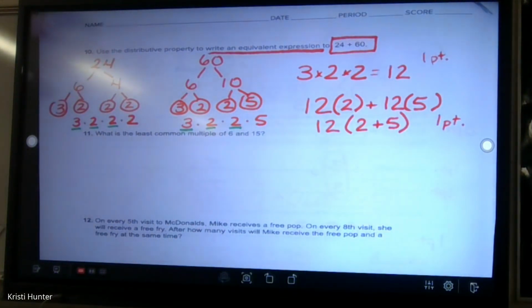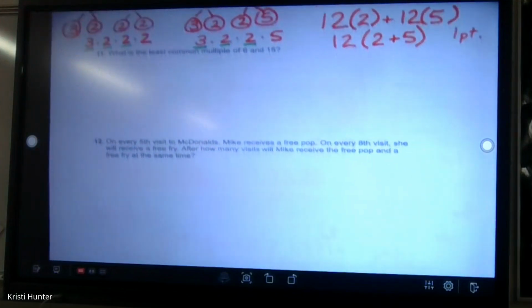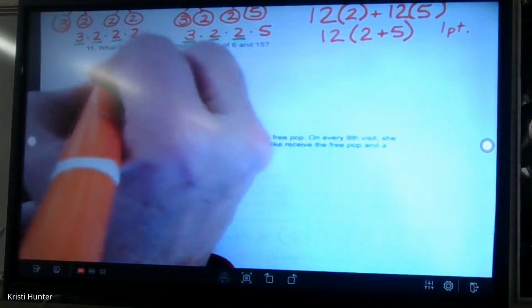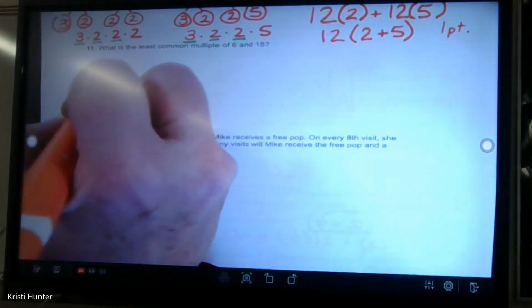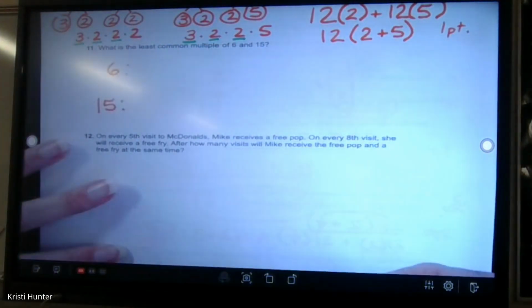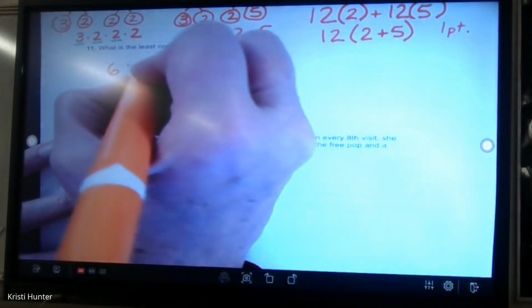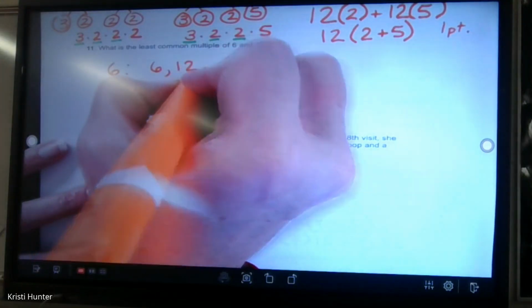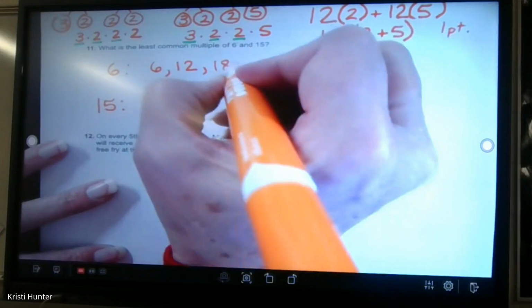All right, and the last 2 questions on your test deal with least common multiple. The first one, number 11, says, what's the least common multiple? Remember, multiple means we're multiplying, we're getting bigger. So I'm going to make a list of all my multiples of 6 and 15. So we count by 6, we count 6, 12, 18.